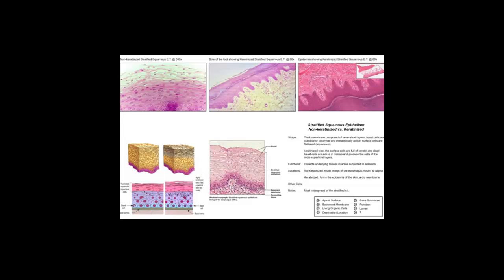This picture here shows a great view of the different strata that's seen throughout the stratified epithelial layers.